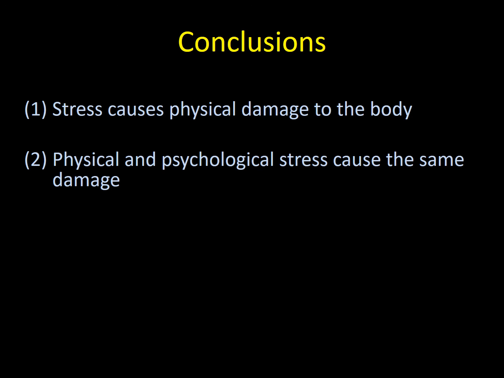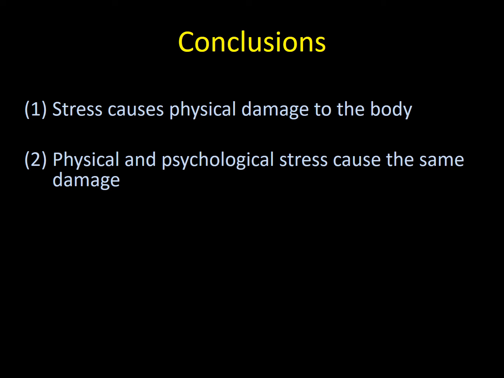Now I've given you enough examples of how stress has been linked to negative health outcomes. The conclusion is that we know stress causes physical damage to the body. We also know that different types of stress, both physical stress and psychological stress, cause the same damage.